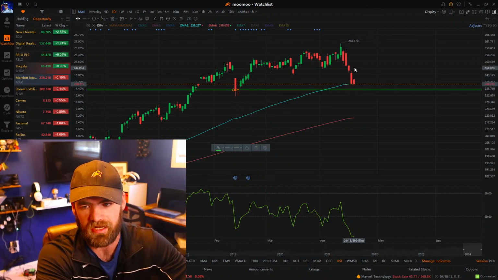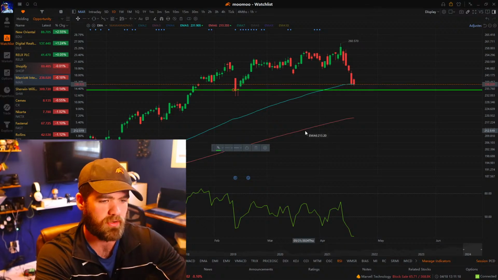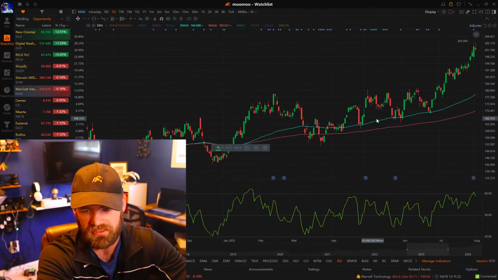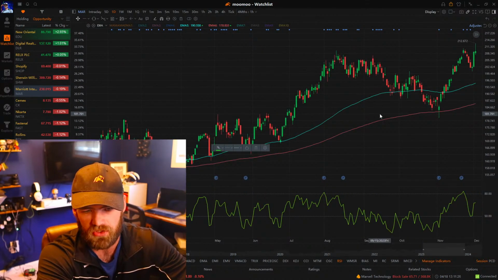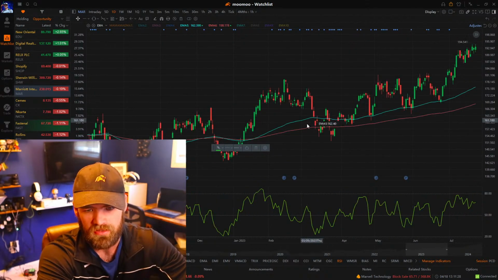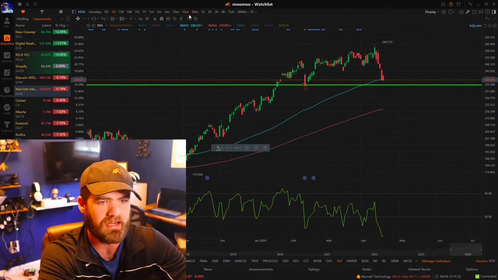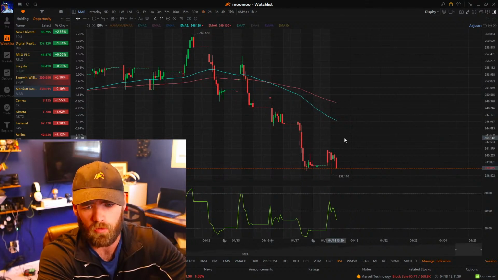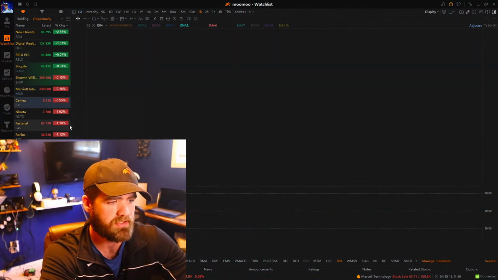So we could see a nice move, if not a little more selling pressure down to the 230 range before we get some move up. You guys can see that it has used it as support in the past where it hits it. But overall, it really loves to use the 200. That's its bread and butter, but it's still something to throw on watch, right? If we get that confirmation of buying pressure, if not a little more push going forward where we could see a reversal, that's where we would enter.